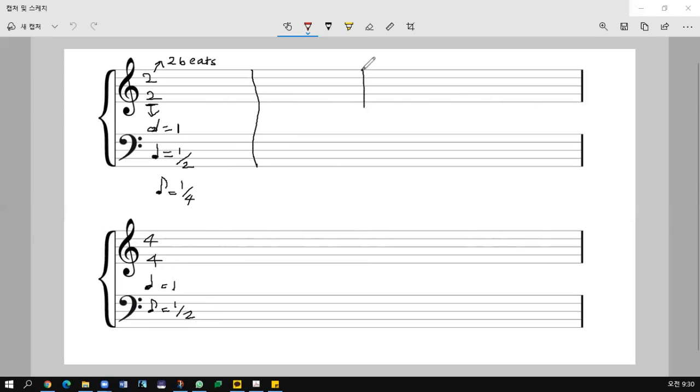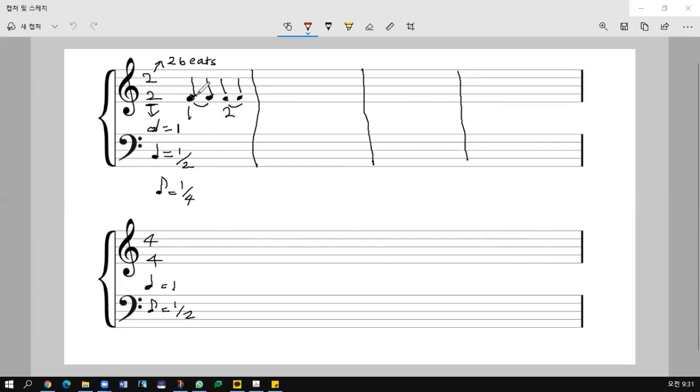Okay, so in a song like 2/2, you see, let's start from quarter note. Quarter note. Is it okay? Yeah, because that is like, you know, 1 and 2, like that, right? Because this one is not 1 beat anymore.